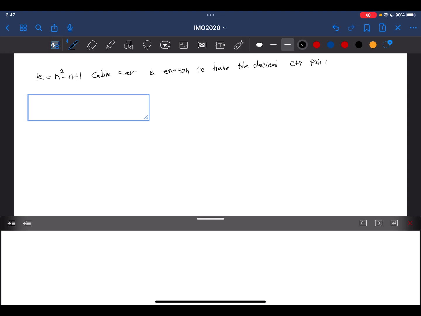So the idea lies in a very fundamental definition in combinatorics or graph theory in general, and that's the idea of largest path.